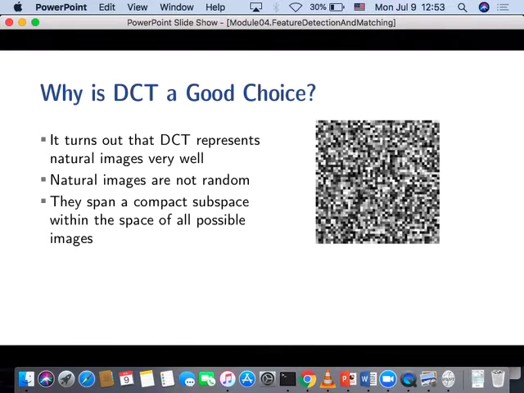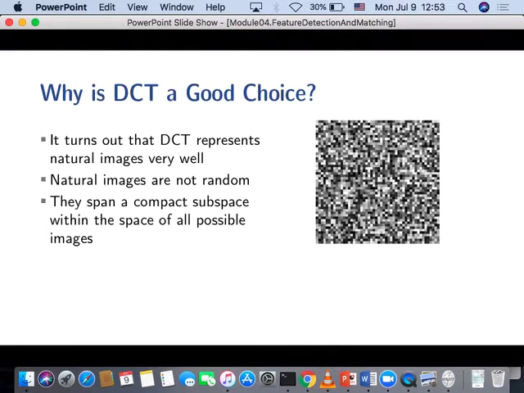What that means is that natural images span a compact subspace out of all the possible vectors that I could have created of this image size. One of them is just random, but this random image is surely not a natural image. This is not an image you would ever shoot from your camera, unless you were picturing QR codes or something like that, right?